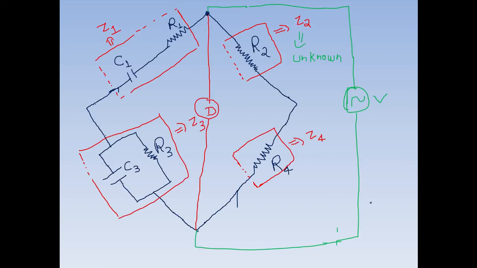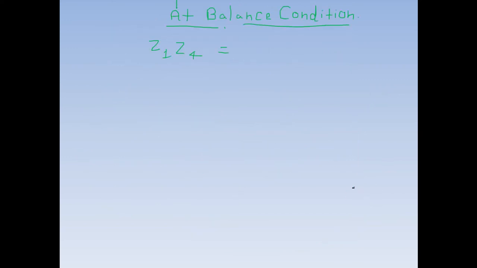This is the balance condition of a bridge circuit: Z1 multiplied by Z4 equals Z2 multiplied by Z3.